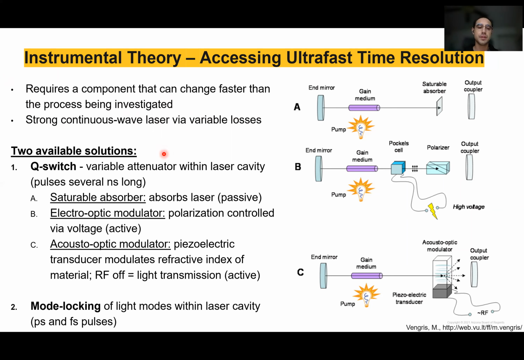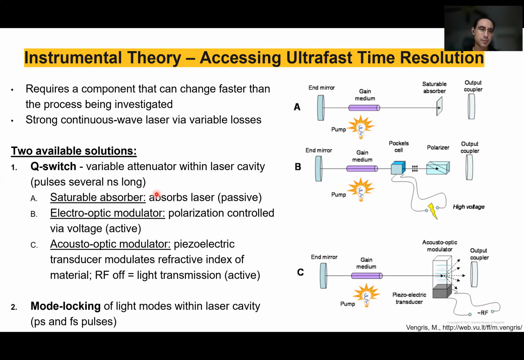In terms of creating such a laser pulse, there are two available engineered solutions. The first is a Q switch, which is a variable attenuator within the laser cavity. This can produce laser pulses that are several nanoseconds long. There are three main types of Q switches.